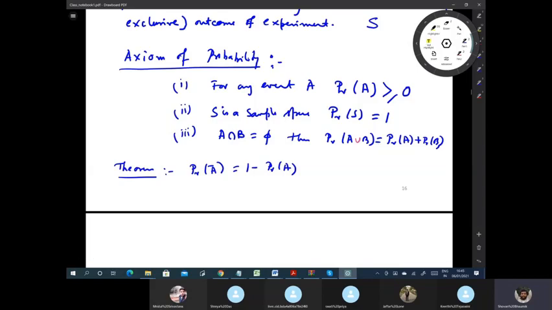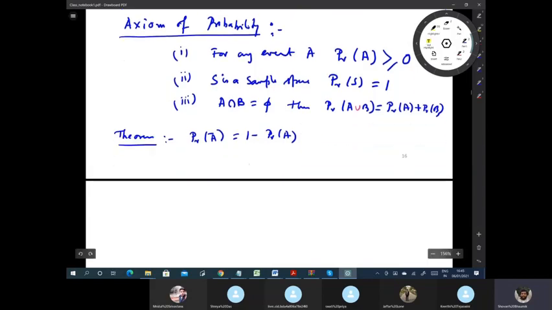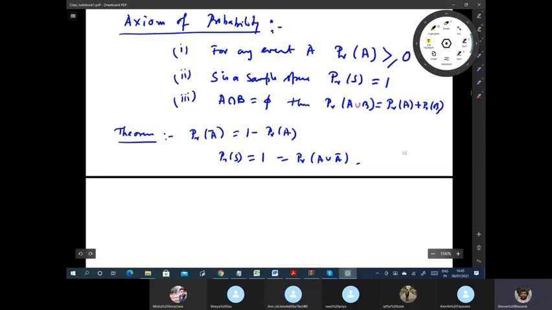If we take probability of S equal to 1, and S equals A union A bar, then probability of S, which is 1, equals probability of A union A bar, which equals probability of A plus probability of A bar. So probability of A bar is 1 minus probability of A. Okay, it's very simple. So let's move quickly.